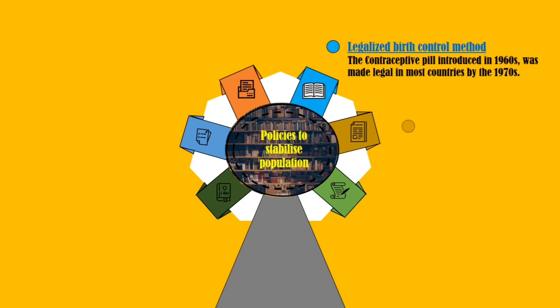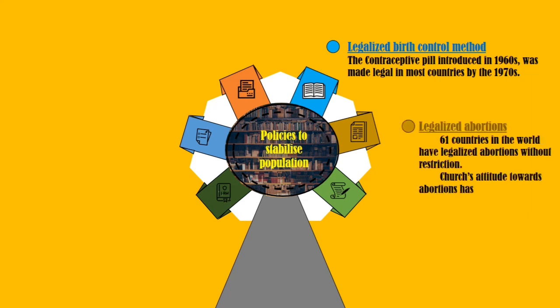And second is legalizing abortions. There are around 61 countries in the world that have legalized abortions without restriction. And there are also observations that church attitude towards abortion has relaxed.